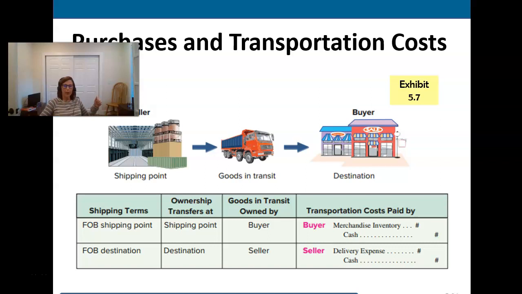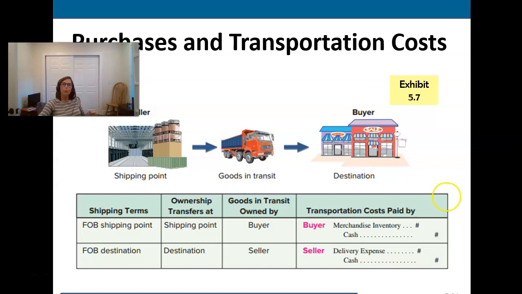The buyer is paying for the transportation cost and the buyer owns it. So if the buyer is having their inventory taken and they happen to have goods that are in transit on their way that were FOB shipping point, the buyer's got to make sure that they're counting those goods that are still on the delivery truck, even though they haven't shown up in the warehouse.